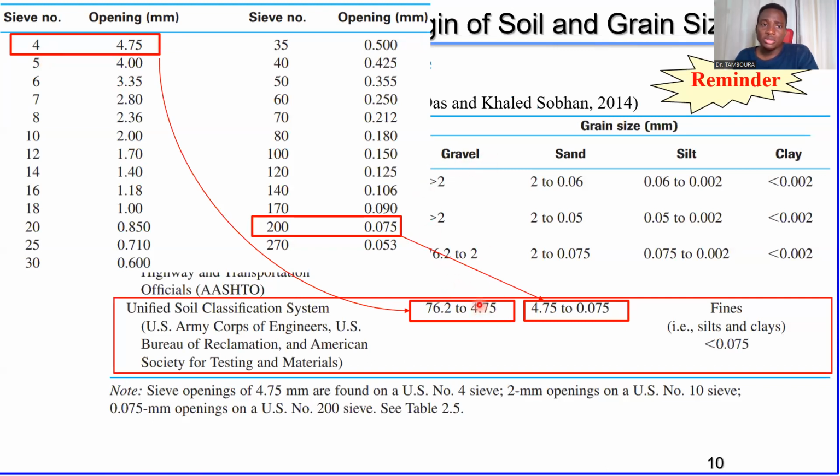So we have to check the amount of soil passing this sieve.